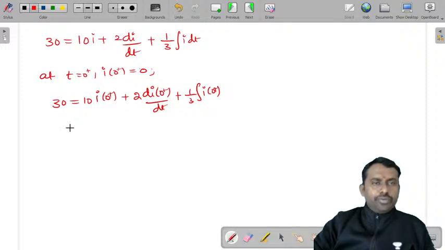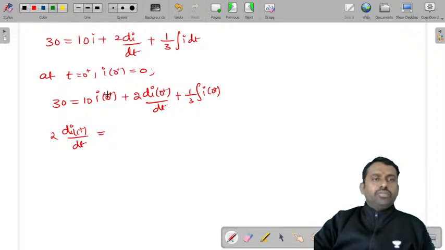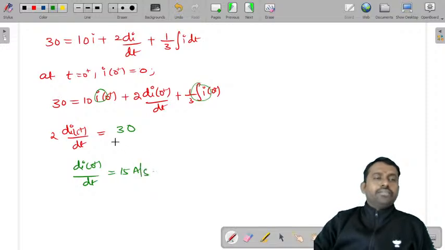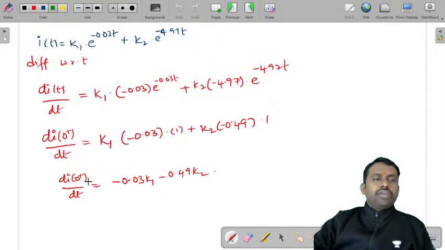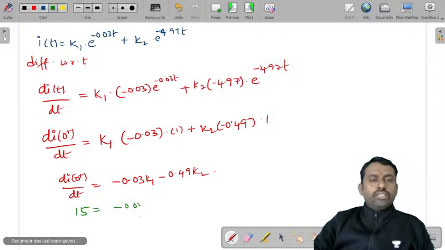So this value will be 0, this value will also be 0. So 2 into di of 0 plus by dt is equal to 30. So I'll get di of 0 plus by dt is equal to 15 ampere per second. So just substitute this value here: 15 is equal to minus 0.03 k1 minus 0.49 k2.